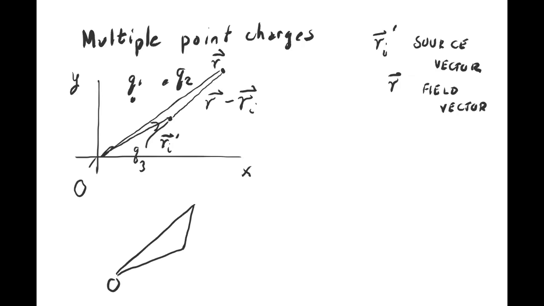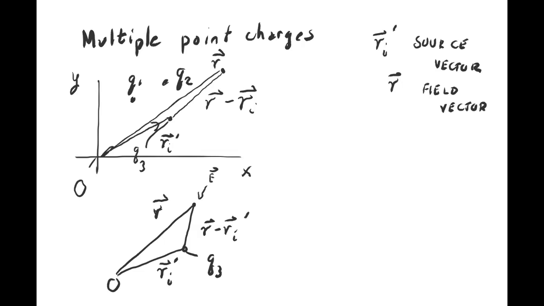So here's my origin. Here is R prime sub I. That's my source vector. Here's my field vector R. And this vector is R minus R sub I prime. And my charge Q sub 3 is here.